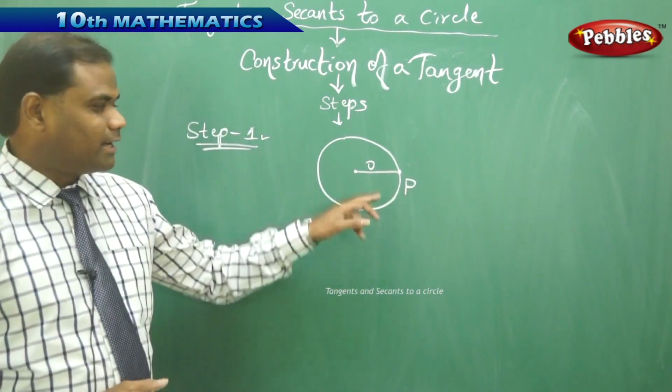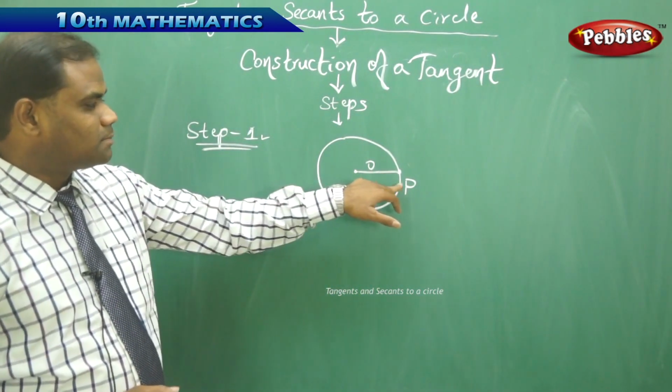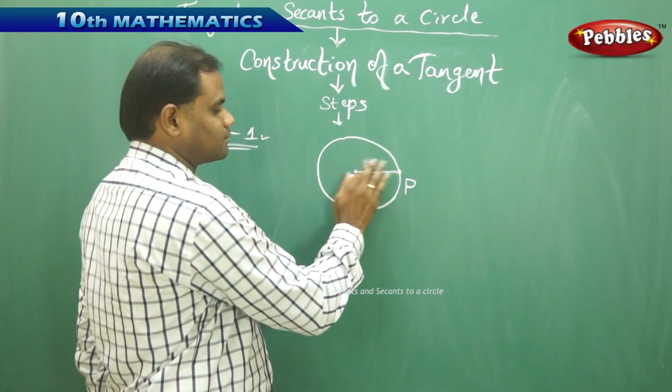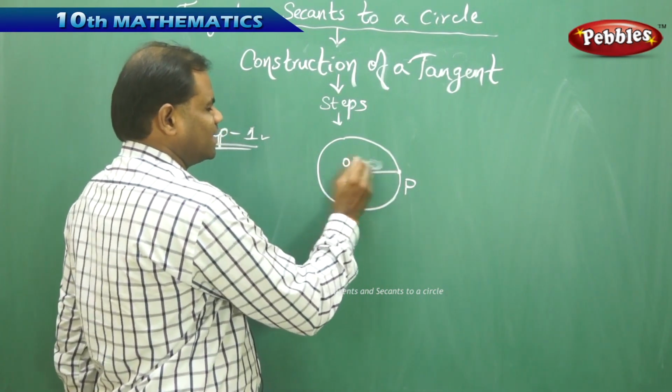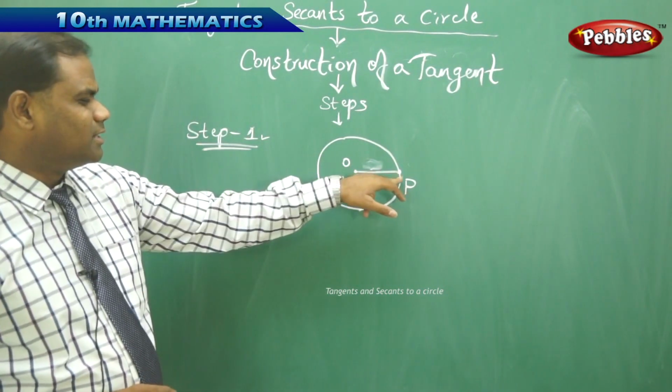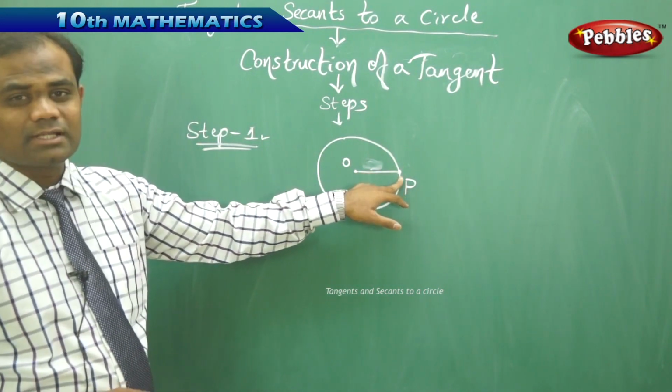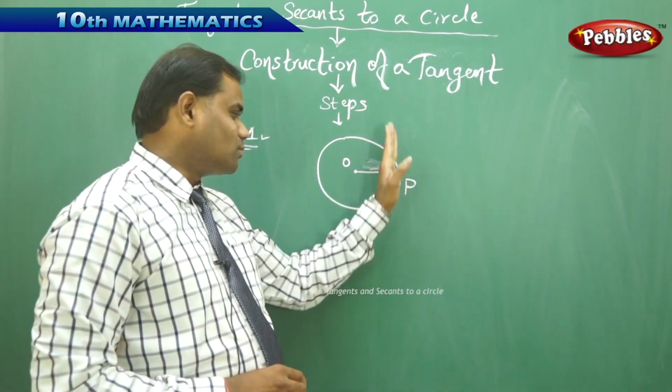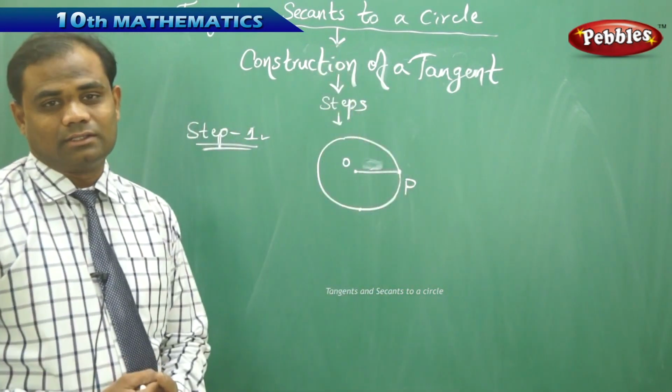Clearly, OP is the radius which passes through the point P. Now for any point P on the circle, OP is the radius, and I assume this as the point of contact, then I want to draw a tangent to that circle.